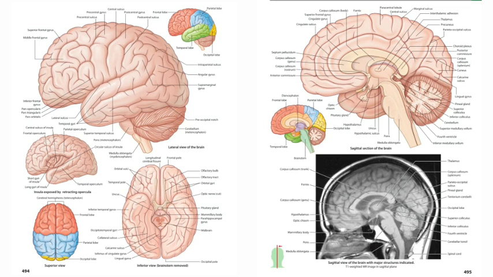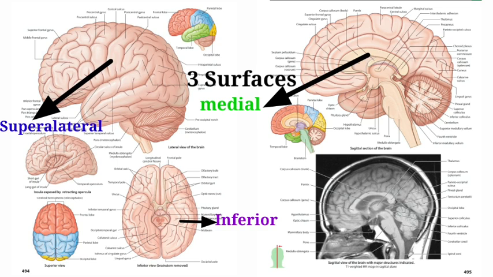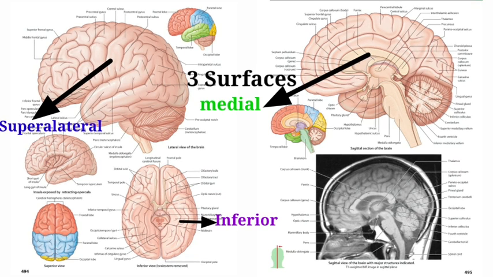Each cerebral hemisphere has three surfaces: superolateral, medial, and inferior. The superolateral surface is the most convex and most extensive.